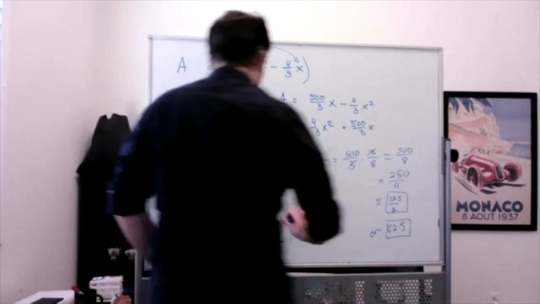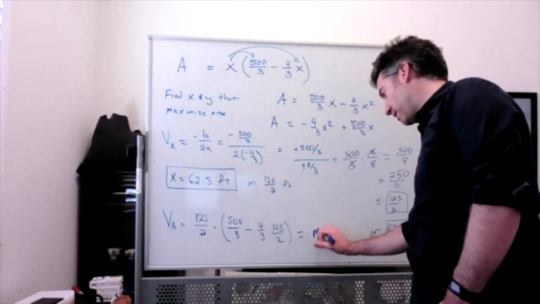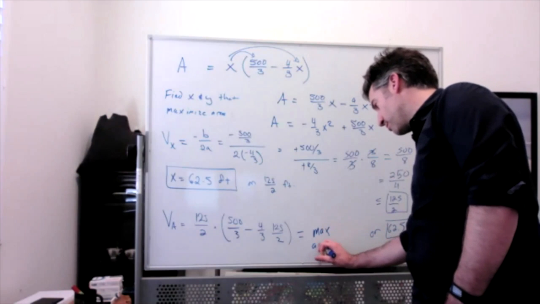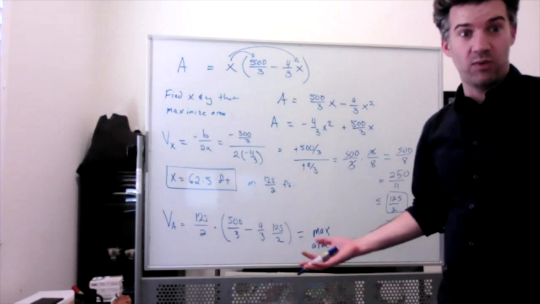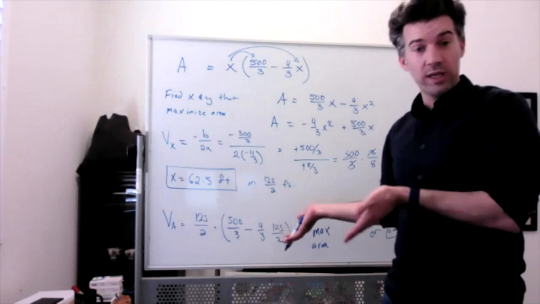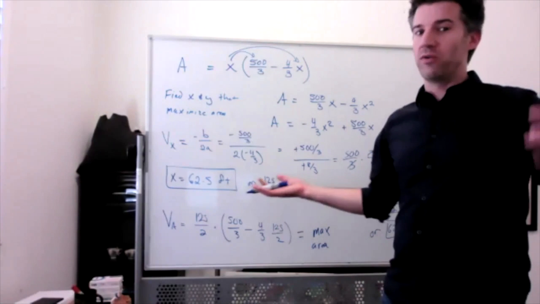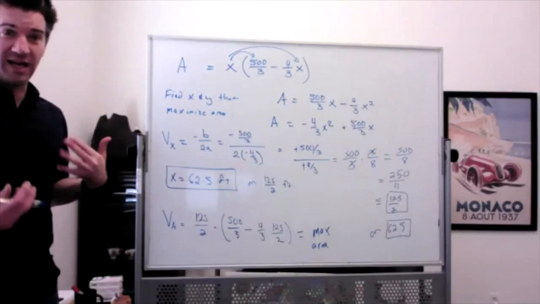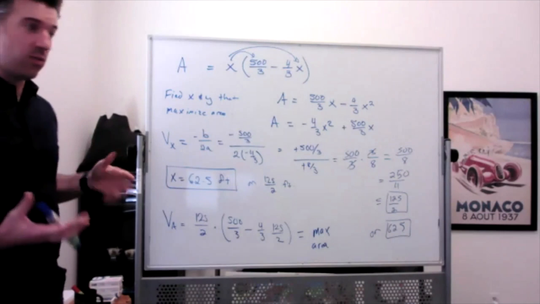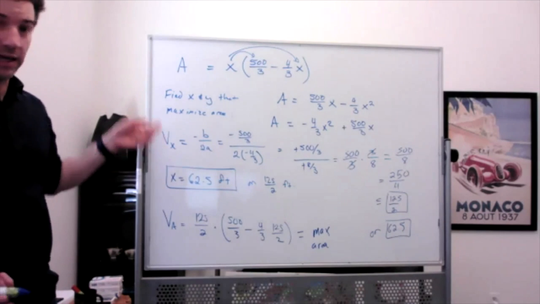And this would equal whatever the maximum area is. But again, the problem didn't actually ask us to find the maximum area. Not that it's not good to know this, but we're wasting our time if we're only trying to answer the question. So we found x, but we were asked to find both dimensions x and y. So we need to go back and figure out what y is.